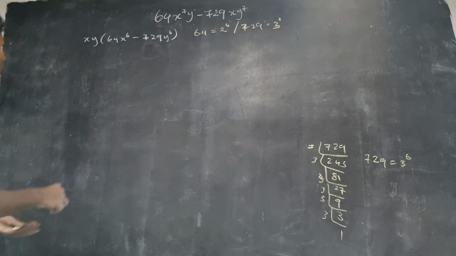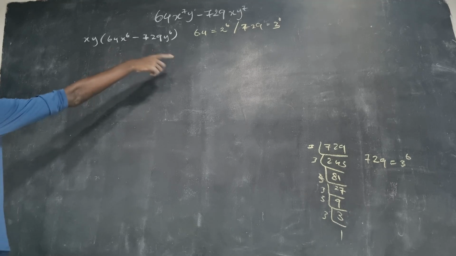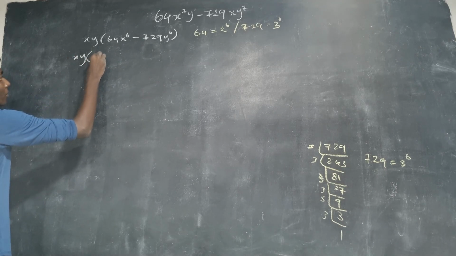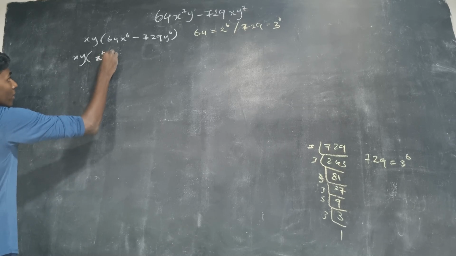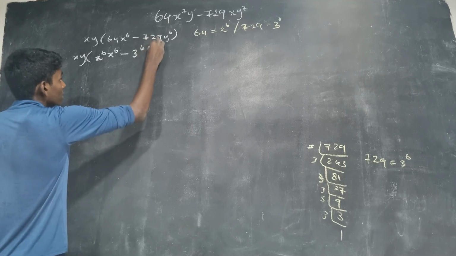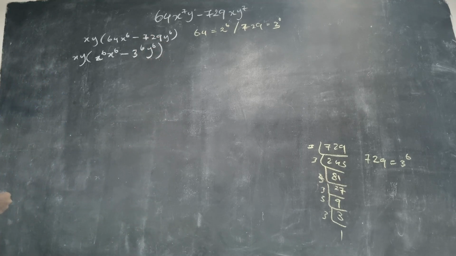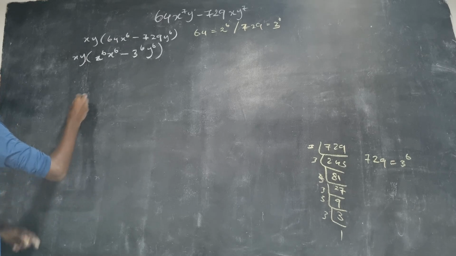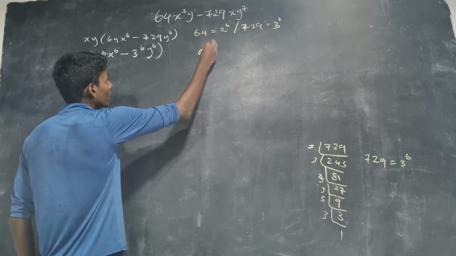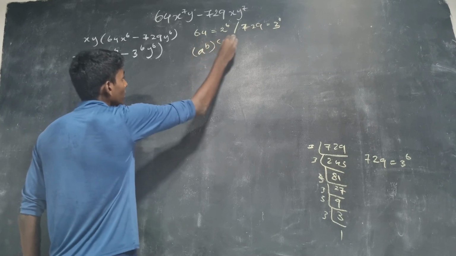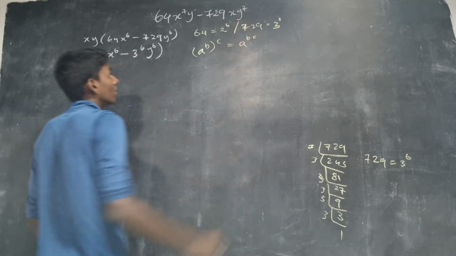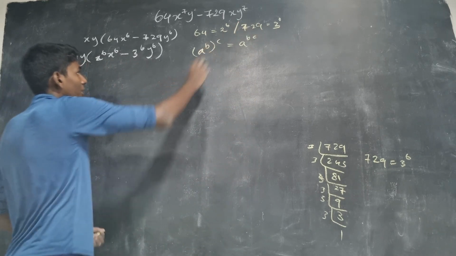Okay, so we can write this as 2 to the power of 6 x to the power of 6 minus 3 to the power of 6 y to the power of 6. We all know that a to the power of b, to the power of c, equals a to the power of bc. These two will be multiplied.